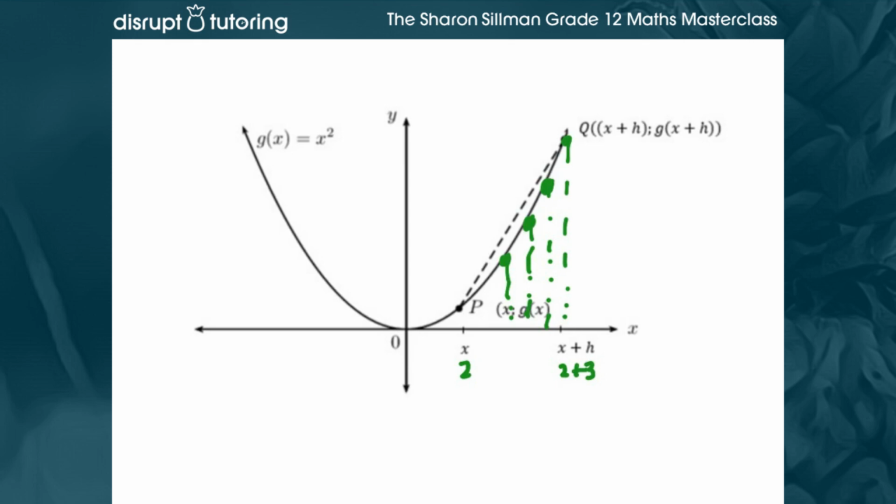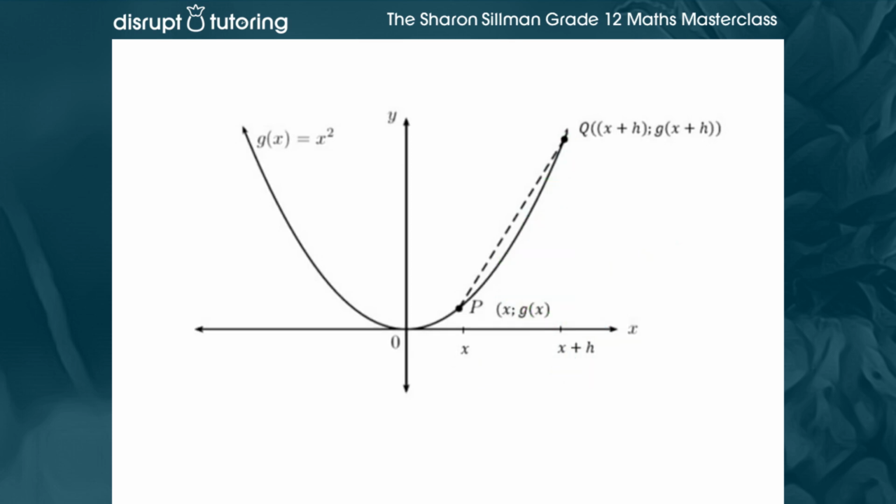So we have to think about what's going to happen as h gets smaller and smaller, so it is just about on top of P. So in other words, what would happen if h tended to 0? You might remember that from when we were talking about limits in the previous video.